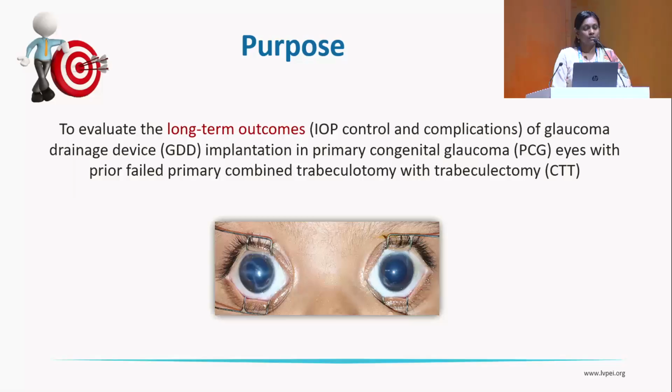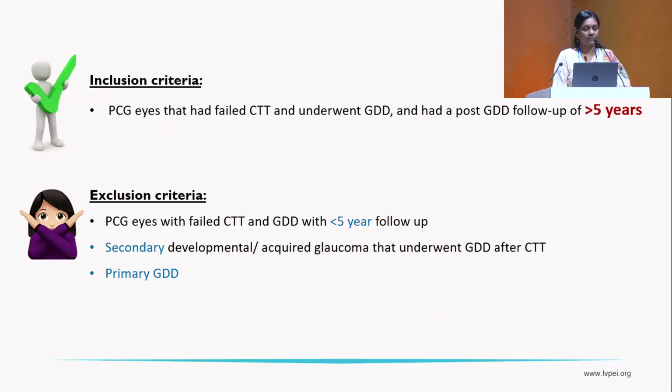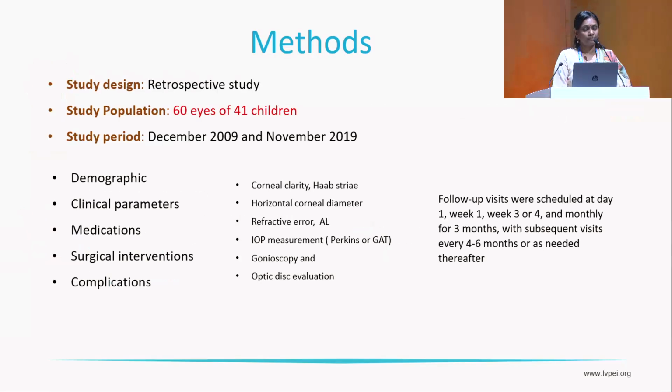In continuation of that study, we have evaluated the long-term outcomes of glaucoma drainage implants in primary congenital glaucoma eyes with prior failed combined trabeculotomy with trabeculectomy. We included all primary congenital glaucoma eyes that underwent GDDs after a failed CTT with follow-up of at least 5 years. We excluded eyes with less than 5 years of follow-up, those with secondary developmental or acquired glaucomas, and those who underwent primary GDDs.